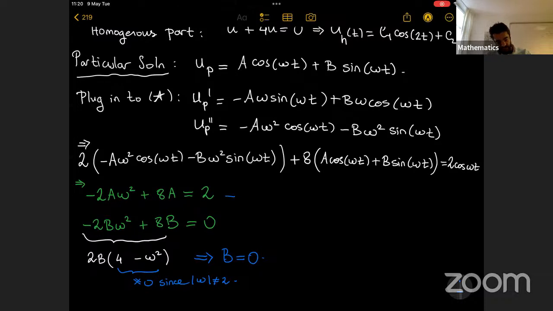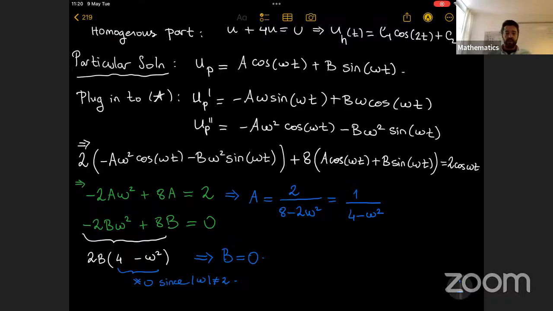And from this, we can find A. A is what? In A parentheses, you will have 8 minus 2w squared. So 2 over 8 minus 2w squared, which is 1 over 4 minus w squared. That's it.